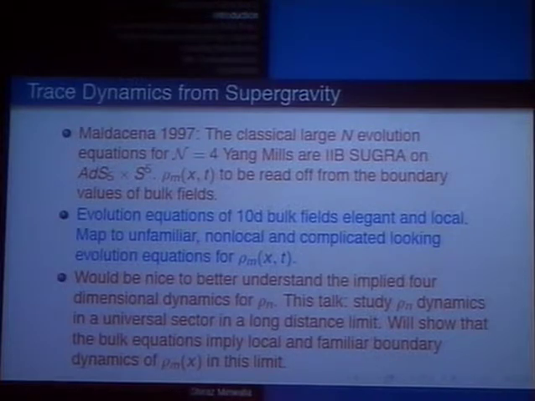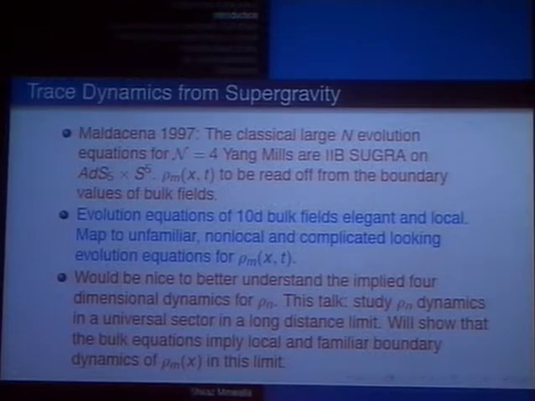He explained that the effective classical dynamical system for this theory was type IIB supergravity on AdS5 x S5.